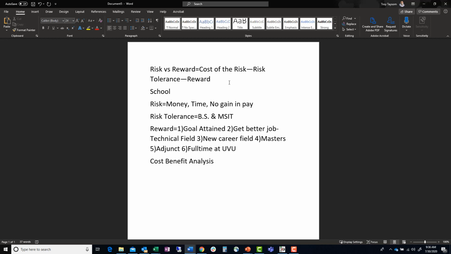Instead of risk, we're going to say, what's the cost? So this is your risk, and then what's the reward? And the reward or the benefit is reward.